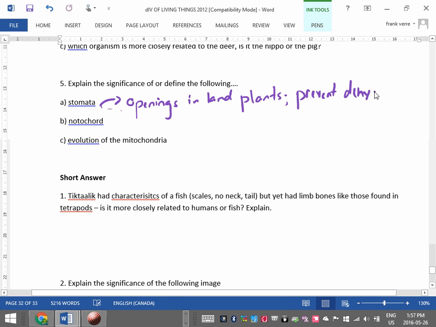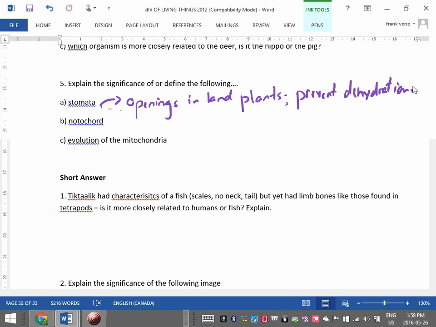Because one of the things I talk about in the video is the evolution of land plants is very similar to the evolution of land animals. Very similar, not totally similar, but some similar things. When you migrate onto land, you have to worry about losing water, right? You have to worry about dehydration. Amphibians don't have a waterproof skin, they don't have a waterproof egg, they're tied to water, and then eventually you get animals that have waterproof skin and waterproof egg.